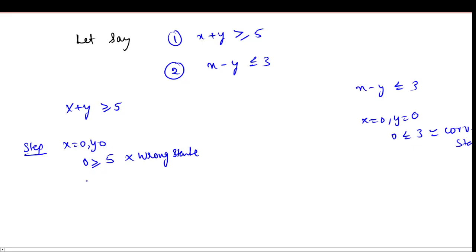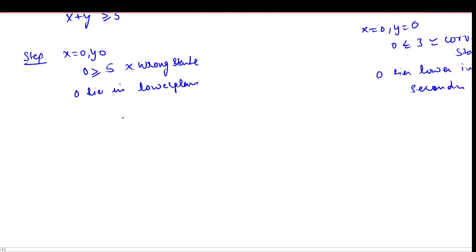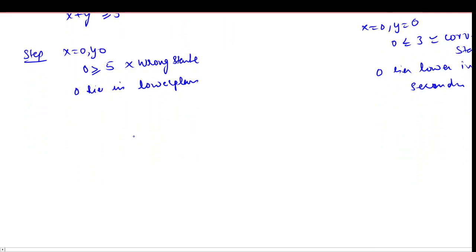So from here we can deduce that 0 lies in the lower half plane in the first equation. Similarly, 0 lies in the lower half plane in the second equation. So the plot of the first equation will look like this. This is the Cartesian system.